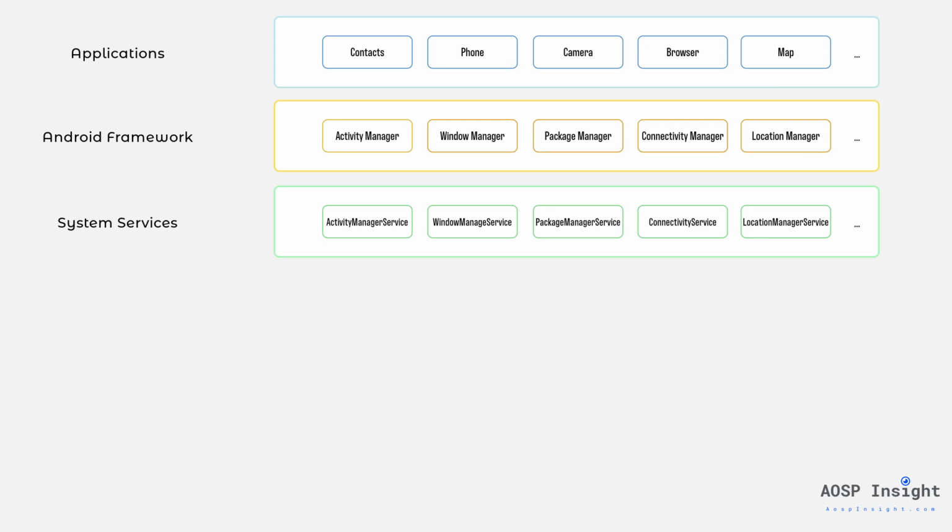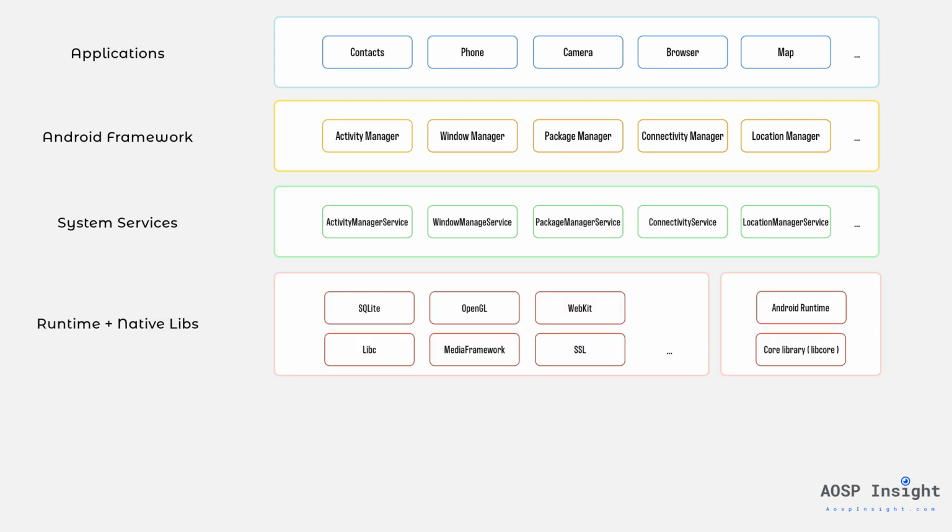For each system service, we have some classes within the Android framework. The next layer is about Android runtime and some native libraries. The reason for splitting this part into two different categories is the reality.